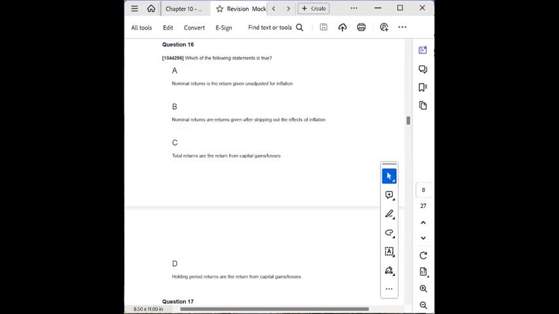Right. I got 8 responses. Let's see the question. Which of the following statements is true? Nominal return is the return given unadjusted for inflation.